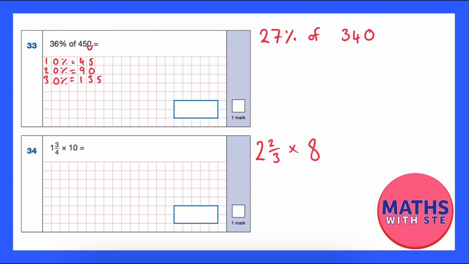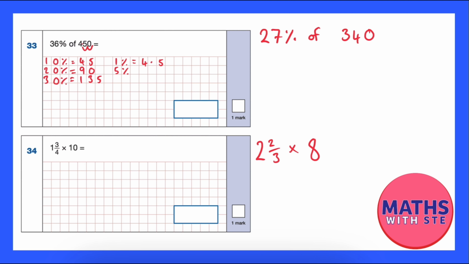Right, cool, I've got 30%. Now I need to find 6%. Okay, so one thing I can do, I can find 1% for a start. So I can say that 1%, all I need to do is divide it by 100. So the point's going to go there, and that's going to equal 4.5.